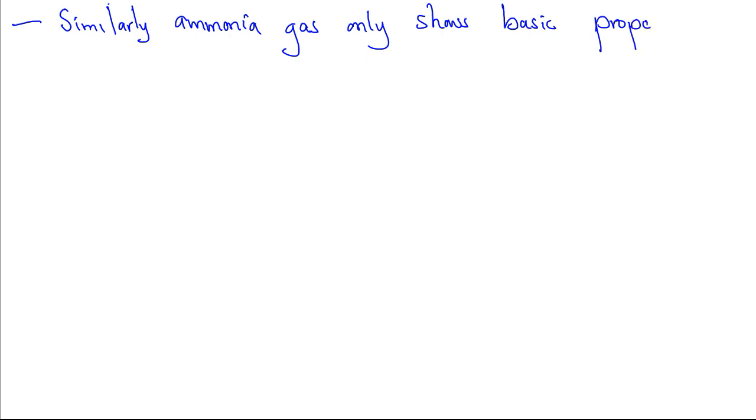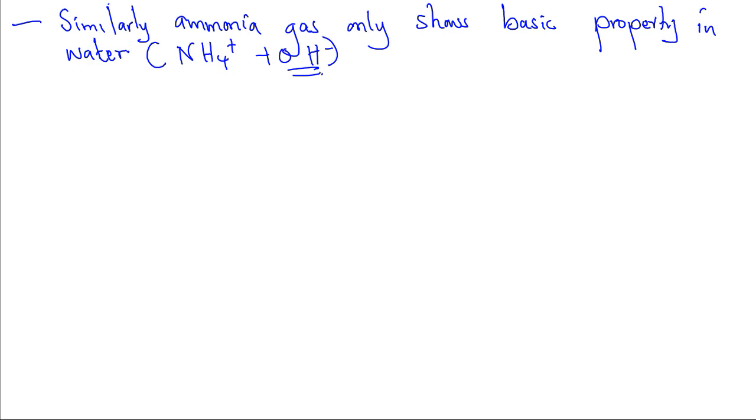Similarly, ammonia gas only shows basic property in water, and the reason is that it is able to ionize to give ammonium ion and hydroxyl ion, and the presence of hydroxyl ion will be responsible for the basic property.